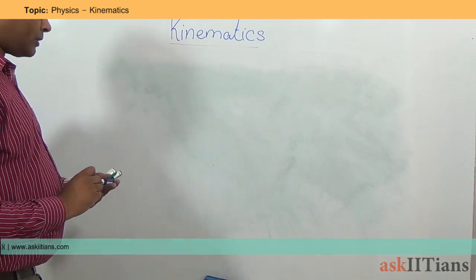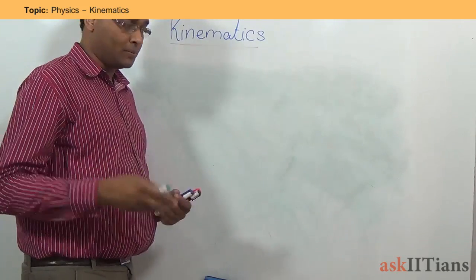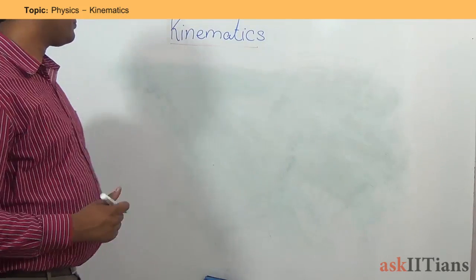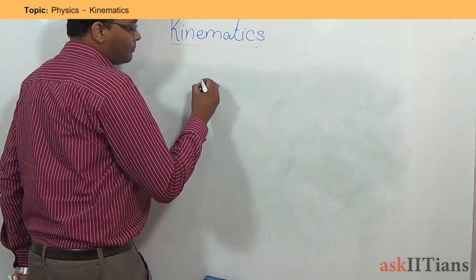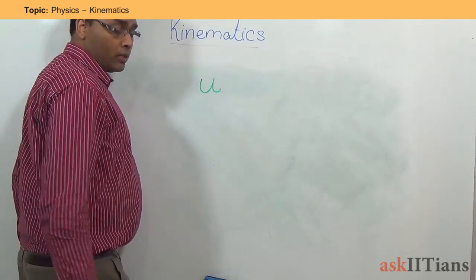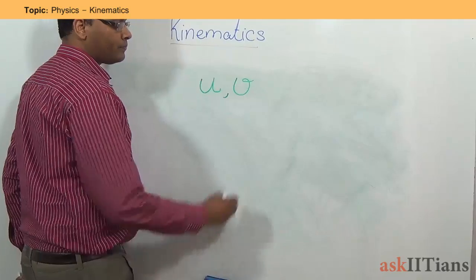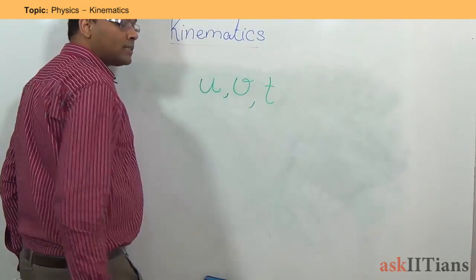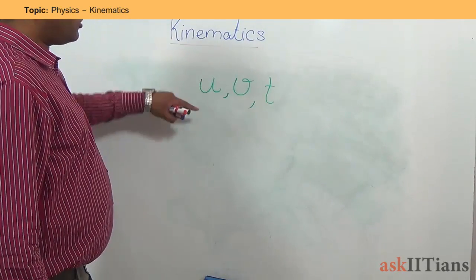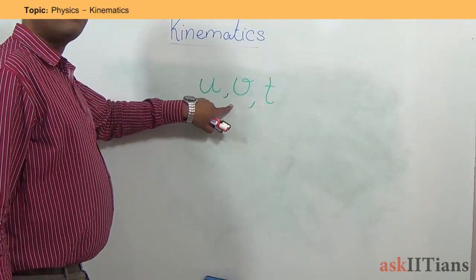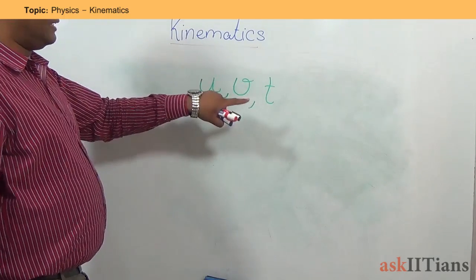Now we need to put these things into expressions. So let's say that the body is starting off with an initial velocity u. After a particular interval of time, it acquires a final velocity v. So this is the initial velocity, this is the final velocity after a particular interval of time.